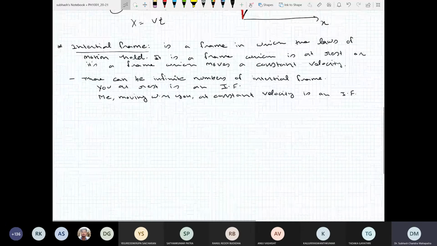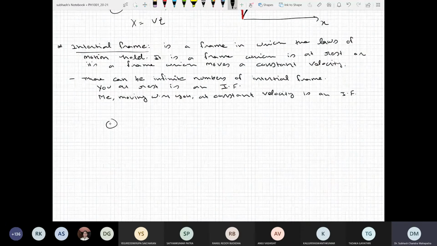For example, suppose this is you and this is your friend, but they are at rest with respect to each other. This is your coordinate, t and x, and this is your friend's, let me call it t tilde and x tilde.